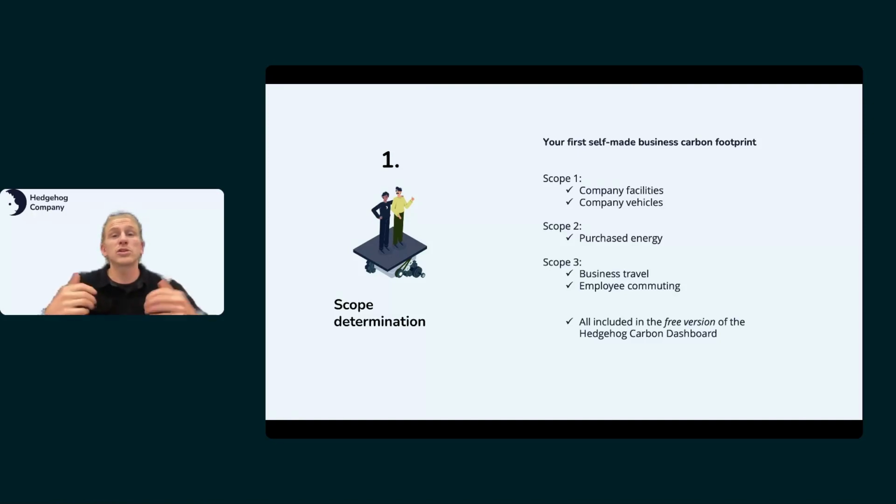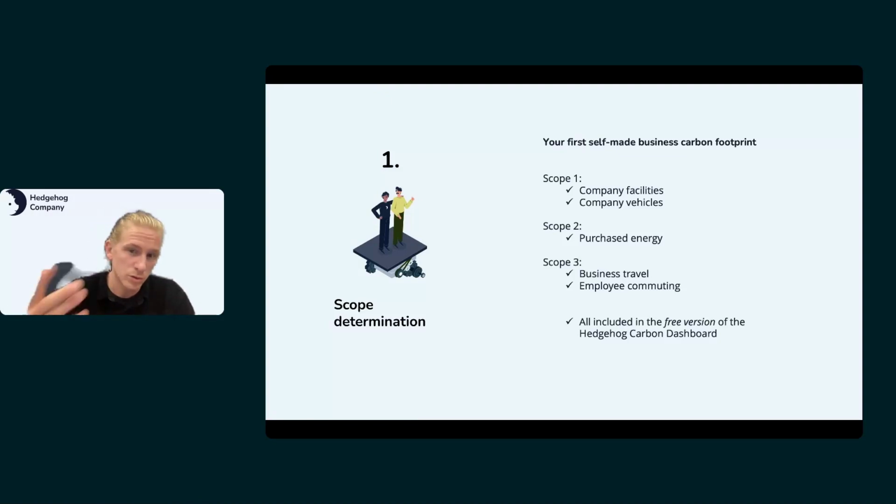These are all scope 1 emissions, all scope 2 emissions, and then to support at least all the service organizations, also business travel and employee commuting.